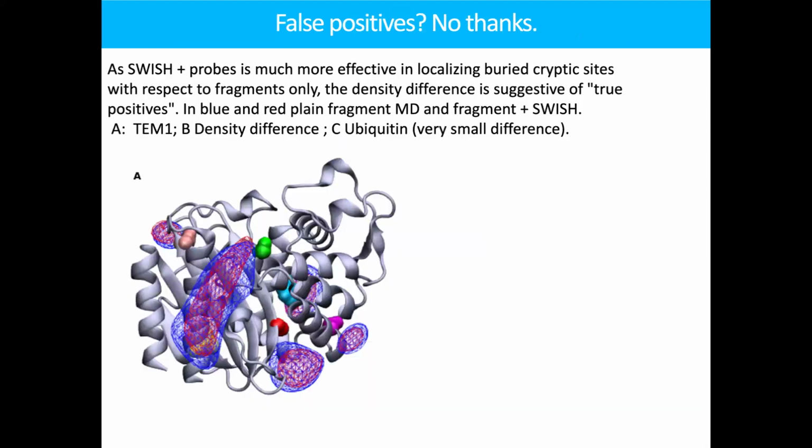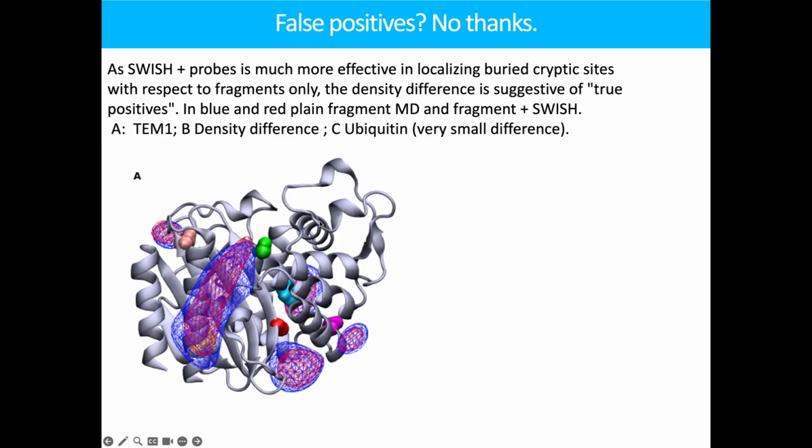One question that is often asked is, you see the opening of these cavities, but how can you distinguish real cryptic pockets from false positives? This is a very difficult question, and we tried to address it, for instance, by looking at the difference between the cavities obtained with Swish and those obtained in molecular dynamics.